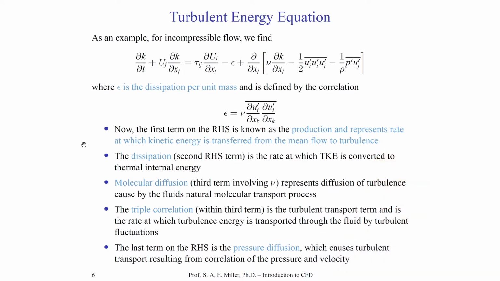Now, if we look at the first term on the right-hand side, right here, this is known as the production term. It represents the rate at which TKE is transferred from the mean flow to turbulence. You'll see it's a very interesting term because, of course, it has this shear stress term, but also there's a partial derivative with respect to x. So if this is a shear term, like say partial u partial y, that means that turbulence is being produced by that particular shear.